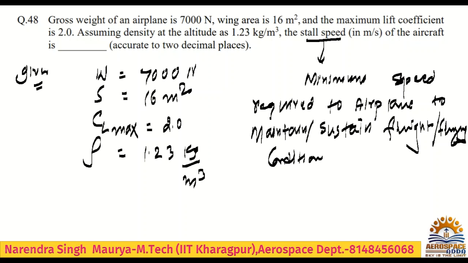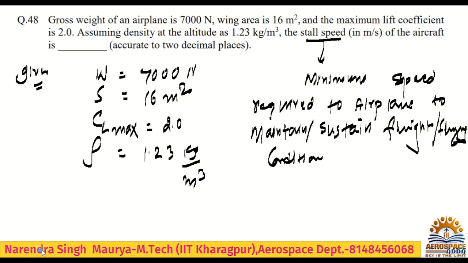So how you will calculate this? It's simple. You just write the formula. Lift is equal to weight, sea level, and steady and level flight. L is equal to W, half rho V square S into CL. So weight they have given to you. So what will be the speed?